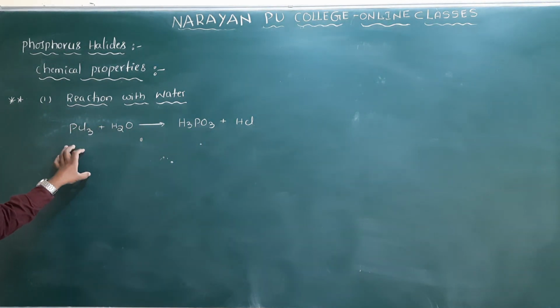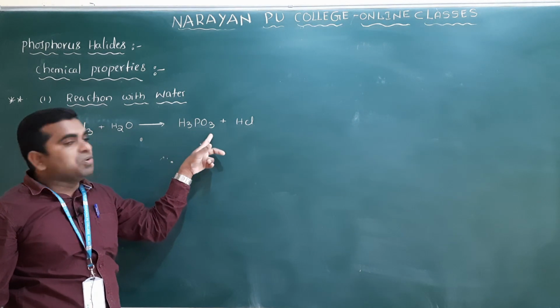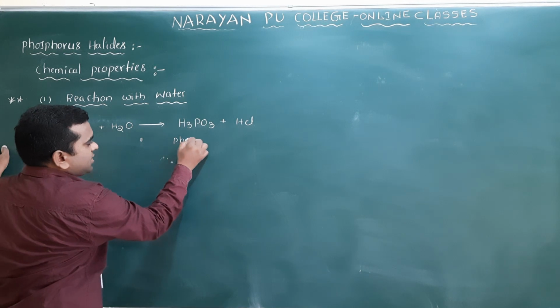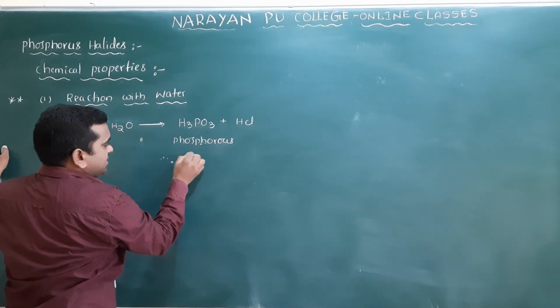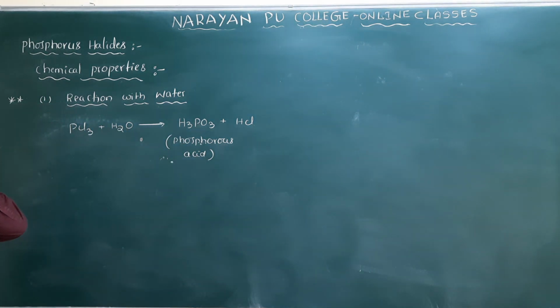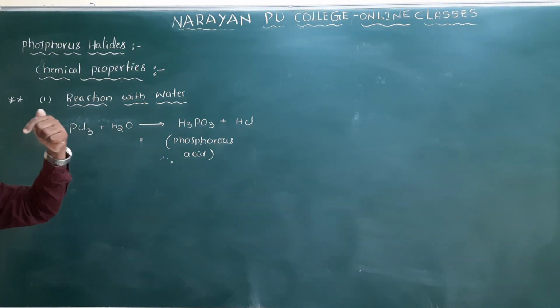And PCl5 hydrolysis gives phosphoric acid, H3PO4.